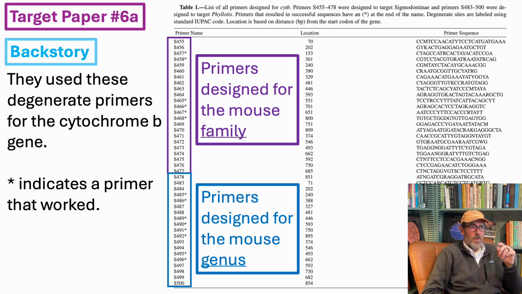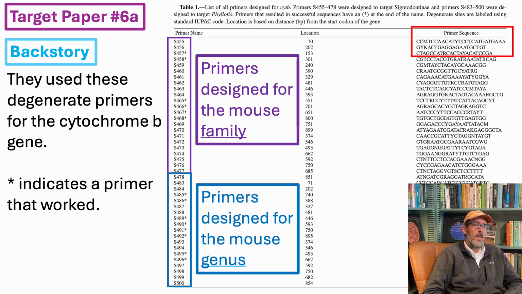But this list of primers, there's a star if it was successful, that is, it amplified a piece of DNA, and the primer's on the right. So that really is a list of primers that you could use if you were studying mice at high elevations and you wanted to know something about cytochrome B, not cytochrome C, cytochrome B. That's the one they studied.